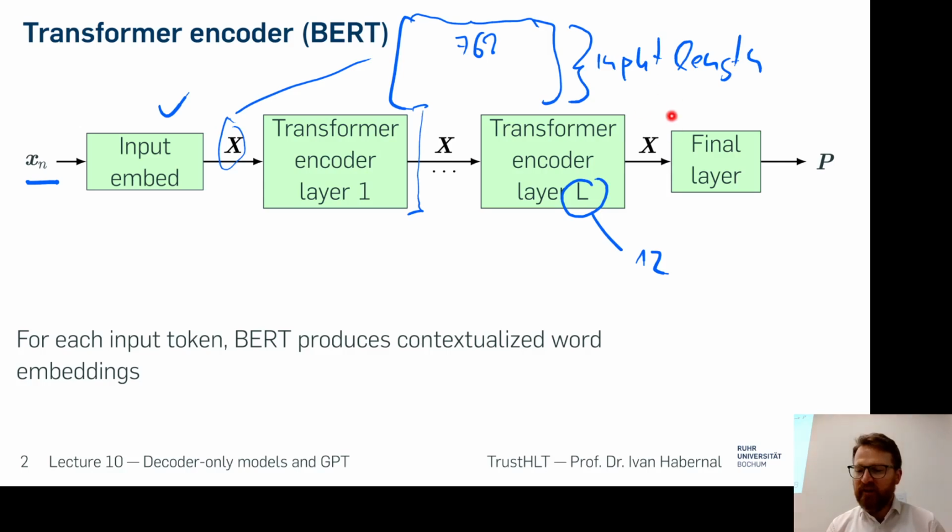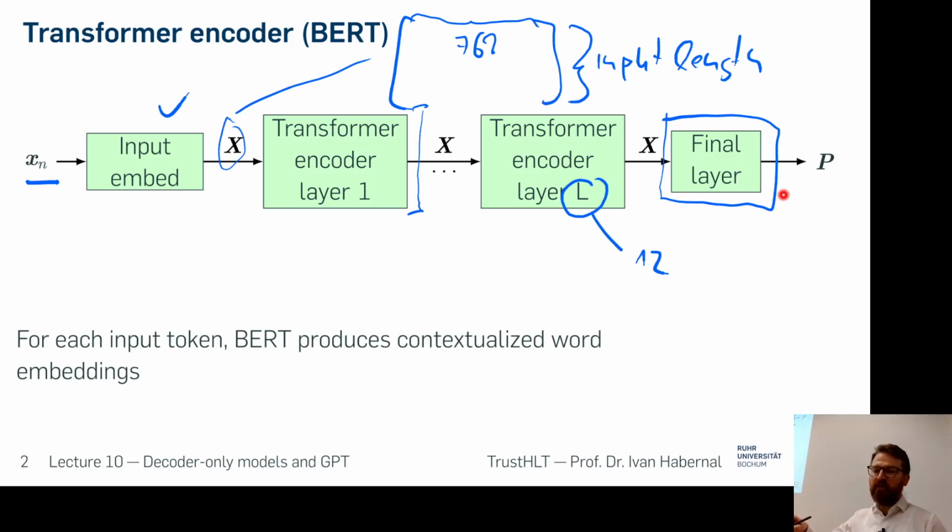And then there was the final layer, which actually took these embeddings, so for each token, the embedding, and did a thing. So typically we could use it for, again, projecting the final layer into the vocabulary. So basically, for each word trying to map it to a vocabulary, this was used for the mask language model prediction.